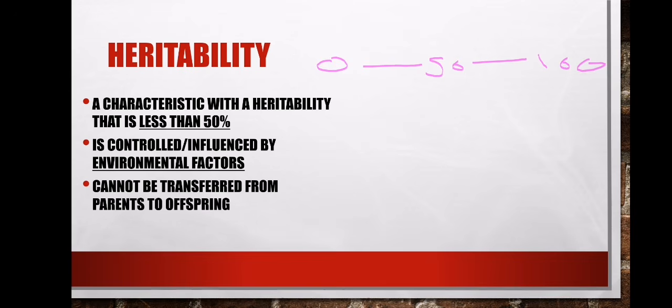It cannot be transferred from parents to offspring. Then we say it is not suitable for breeding programs. So we cannot advise a farmer to use a characteristic with a heritability that is less than 50%.